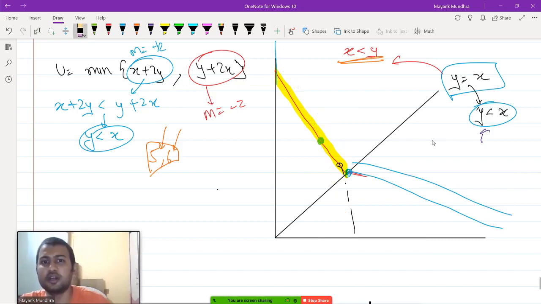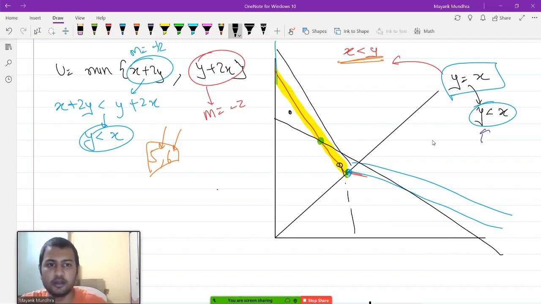Okay, let's draw the other situation where the budget line is flatter, passing through the green point but flatter. When the budget line looks like this, again there will be another point here which will be on a higher indifference curve. So the budget line cannot be flatter or steeper than the yellow region.